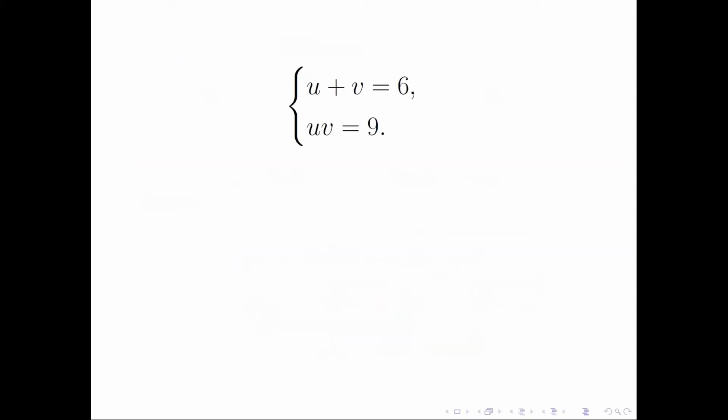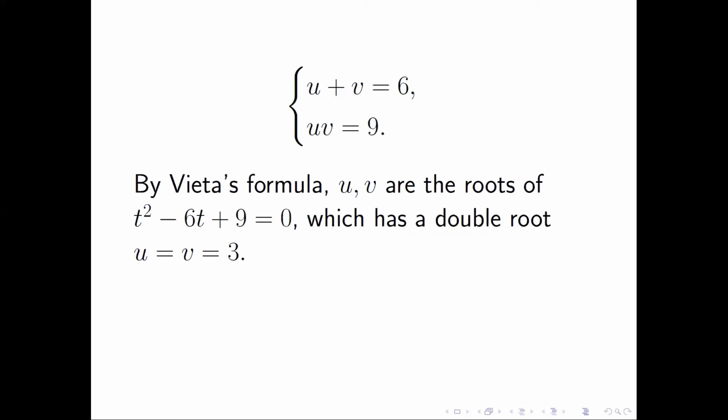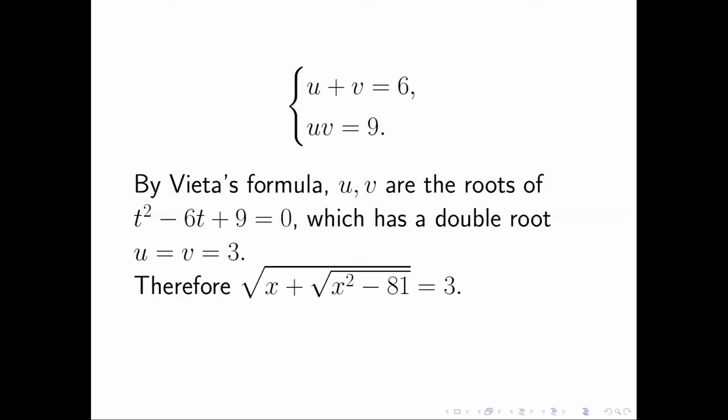So we establish a system of equations in u and v. By Vieta's formula, u and v are the roots of t squared minus 6t plus 9 equals 0, which has a double root, u equals v equals 3. So u is 3.